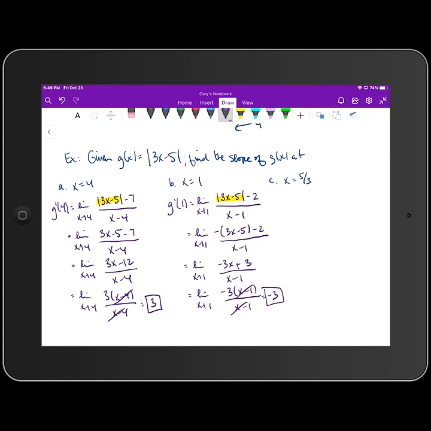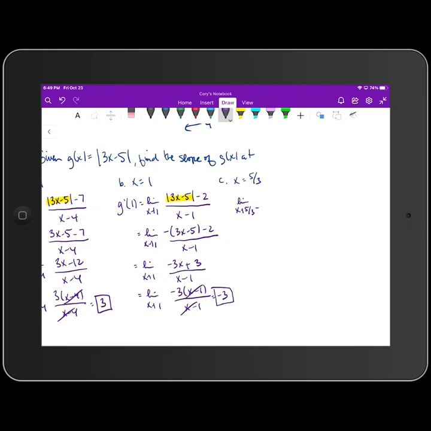So what I'm going to do is take the limit as x approaches 5/3 from the left-hand side, and we're going to compare that to the limit as x approaches 5/3 from the right-hand side.